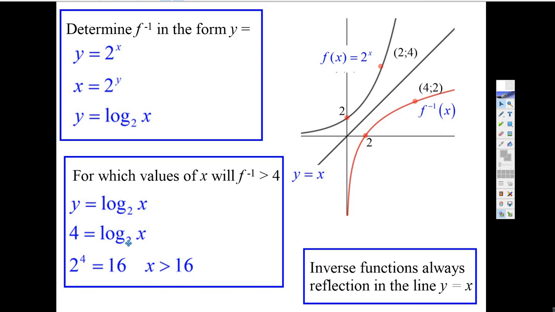Well, there's the base, 2. The log is a power, 2 to the 4th. Well, that must be what the number is, 16. So x has to be bigger than 16. Way out here at 16, y will be 4. When will it be bigger? When x is bigger than 16. It'll make the y value bigger than 4.